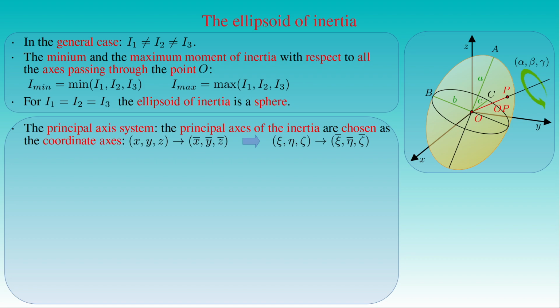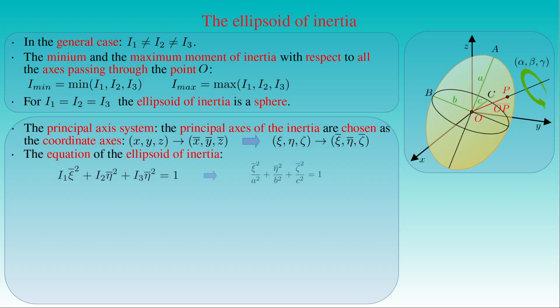By applying this transformation, we can write the equation of the ellipsoid of inertia in canonical form, stating that the principal moment of inertia I1 times xi bar squared, plus the principal moment of inertia I2 times eta bar squared, plus the principal moment of inertia I3 times zeta bar squared is equal to 1. Or equivalently, xi bar squared over the square of the distance a, plus eta bar squared over the square of the distance b, plus zeta bar squared over the square of the distance c is equal to 1.